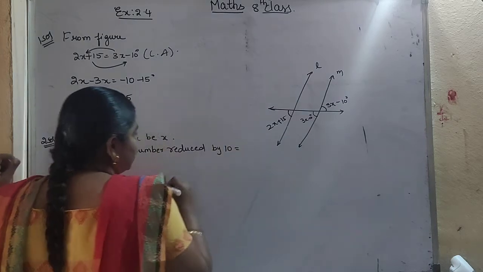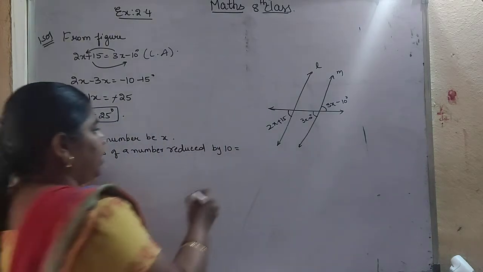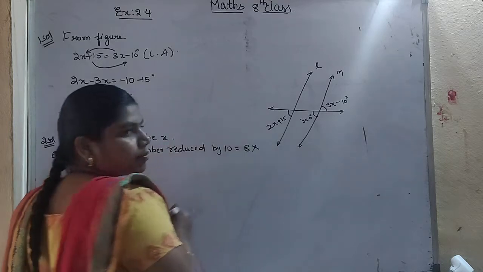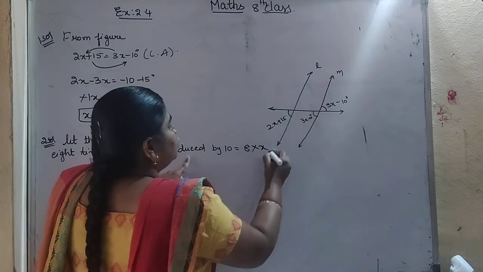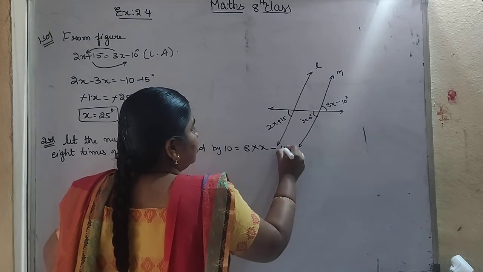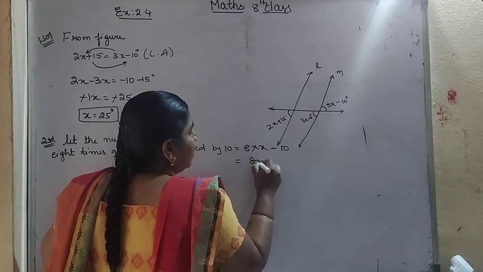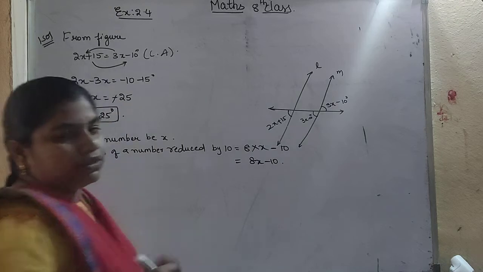So how to write this equation? 8 times is nothing but multiplication. Number is what? X. Reduced means minus 10. So what is the expression here? 8x minus 10 is our expression.